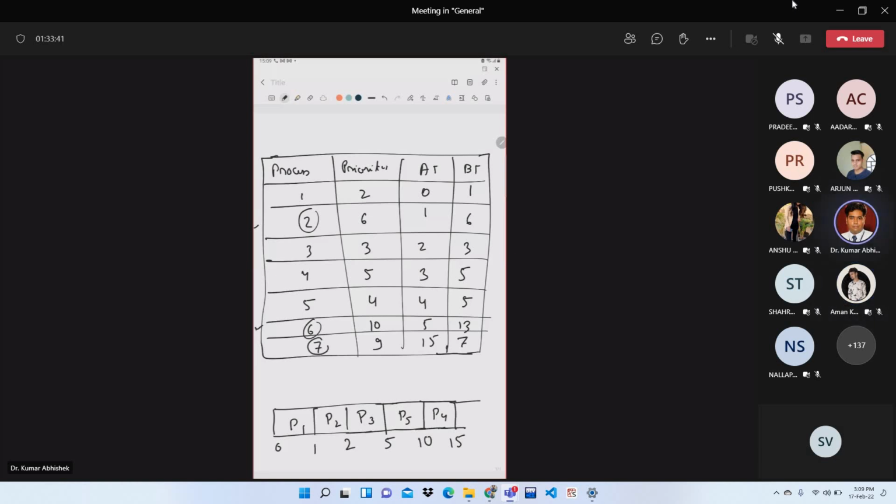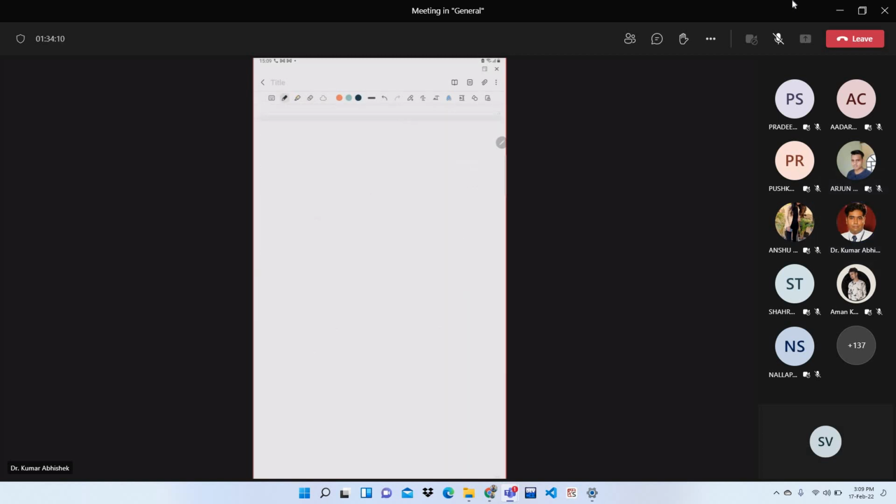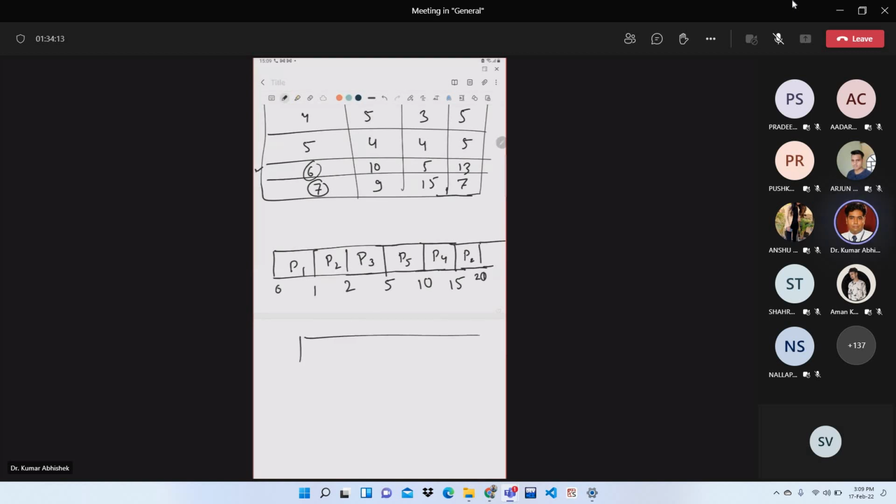P7 will execute from 20 to 27. Then P6 will work till 40.